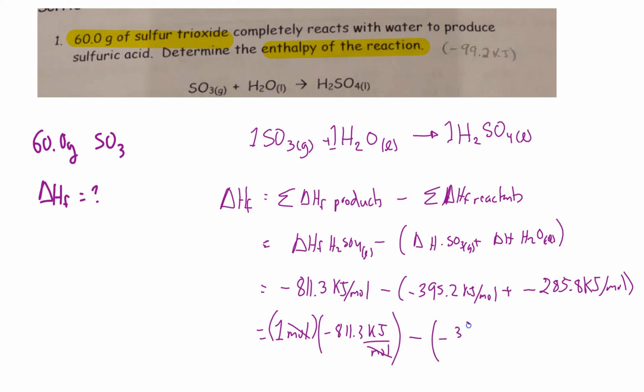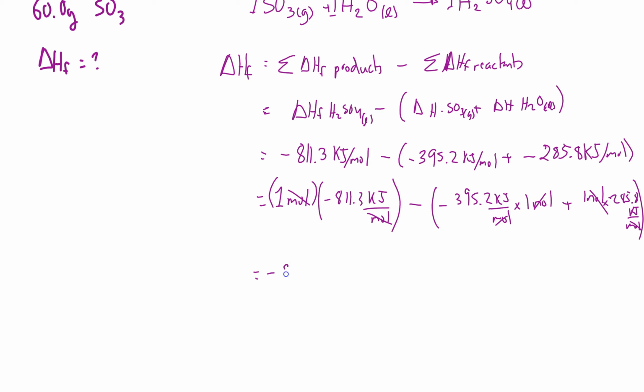Minus 395.2 kilojoules per mole times 1 mole, since we only have 1 mole of SO3, plus 1 mole of water times minus 285.8 kilojoules per mole. The moles will all cancel each other out, which gives us minus 811.3 kilojoules. And then we have minus and minus, we'll just keep it like that.